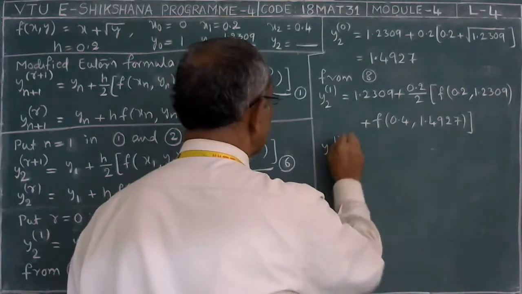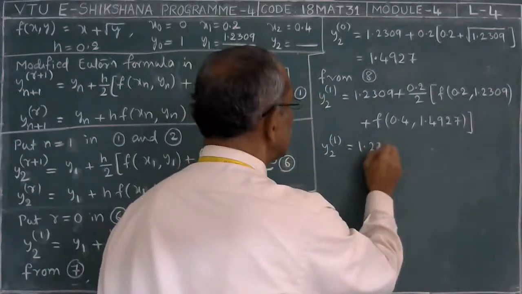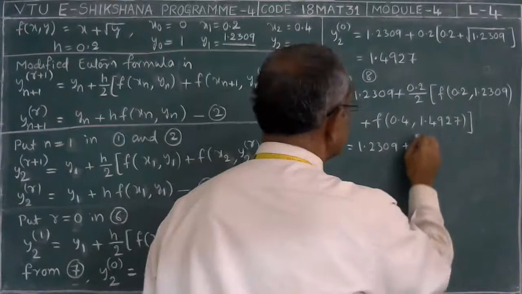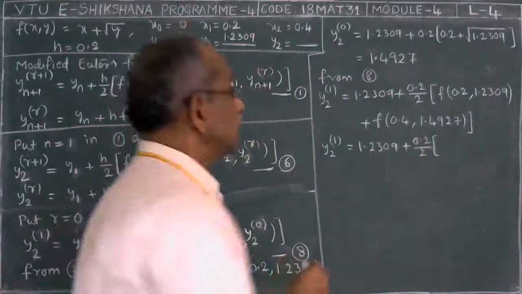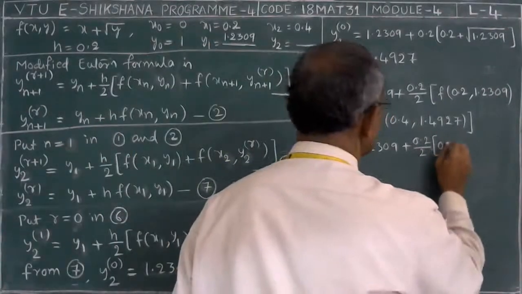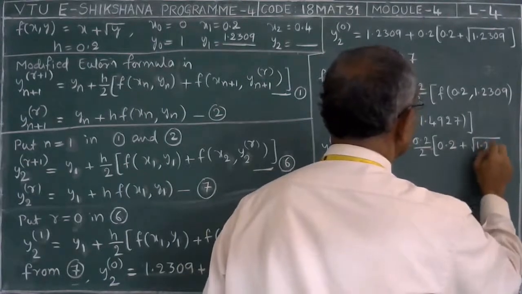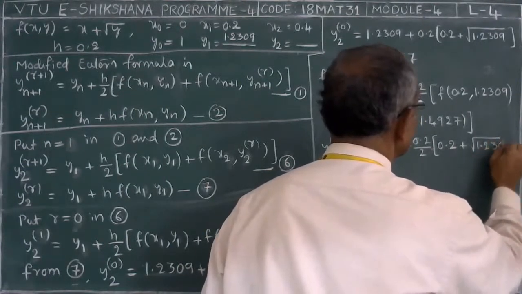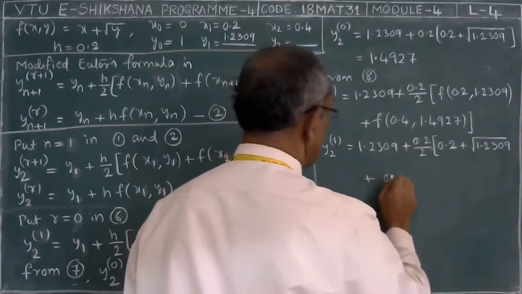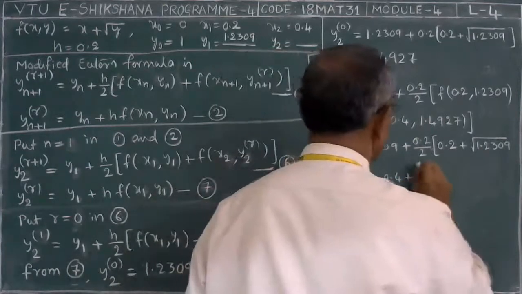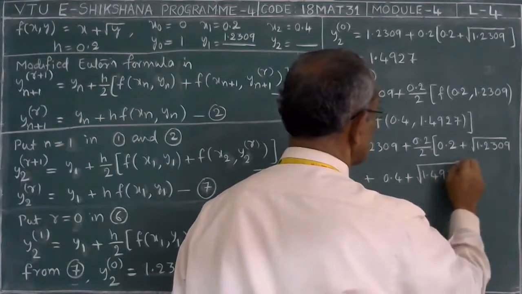So therefore y2 1 is equal to 1.2309 plus 0.2 by 2 into the bracket 0.2 plus root of 1.2309, plus 0.4 plus square root of 1.4927, close the bracket.